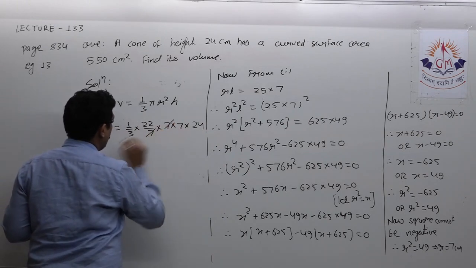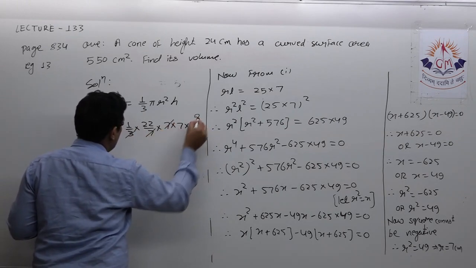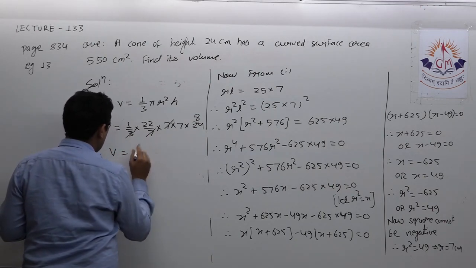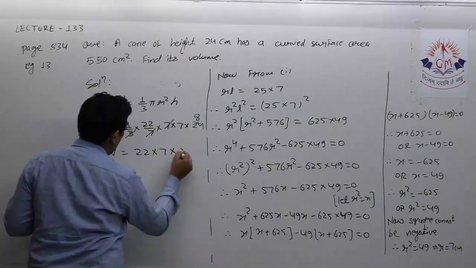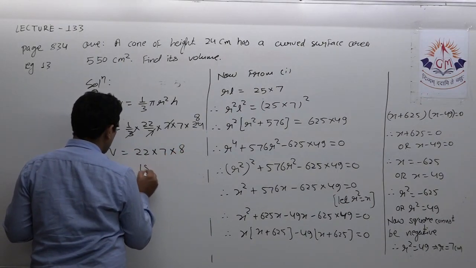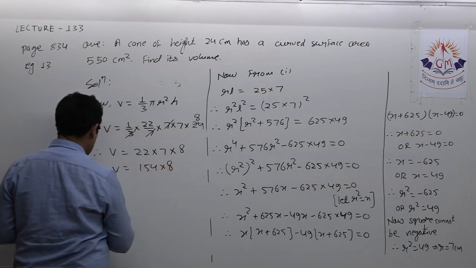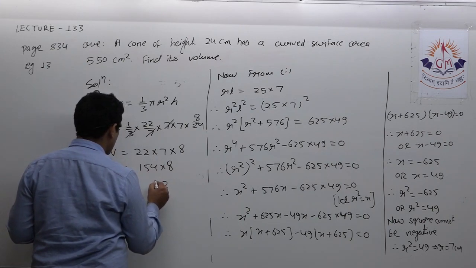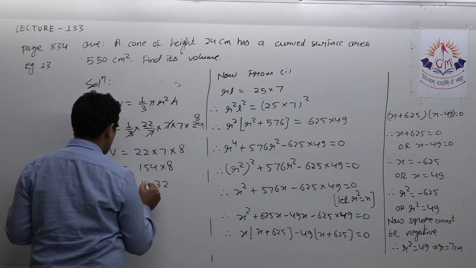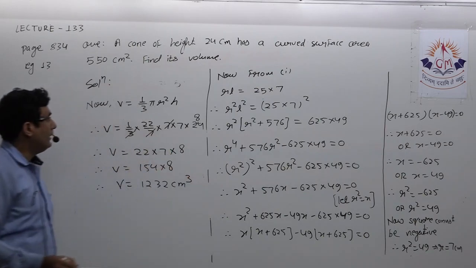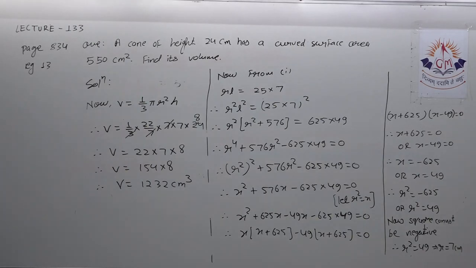So this 7 and 7 we can cancel, 3 8s are 24, so ultimately volume is 22 multiplied by 7 multiplied by 8. So volume is equal to 154 into 8. So ultimately 1232 centimeter cube. So this is the volume of the cone given in the question. Please note it down, then we'll see the next question.